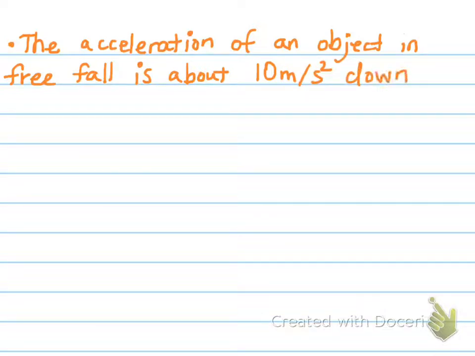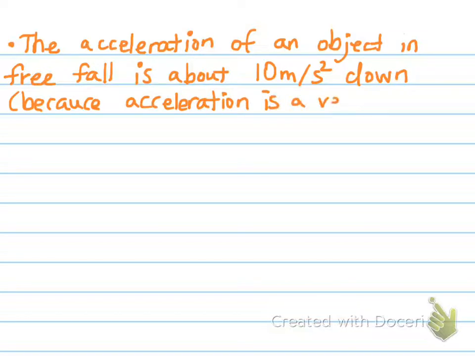And we have to include down because acceleration is a vector quantity. And remember, things that are a vector quantity need both a size or magnitude and direction.